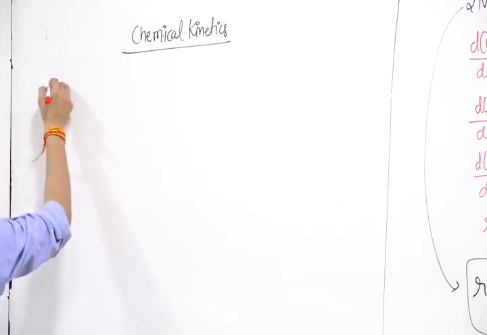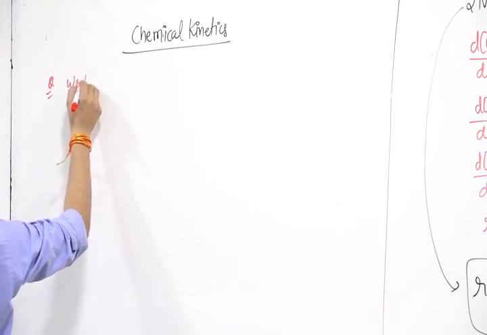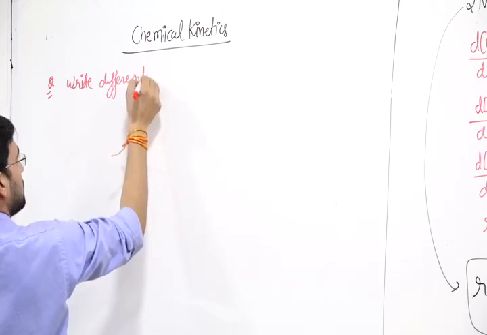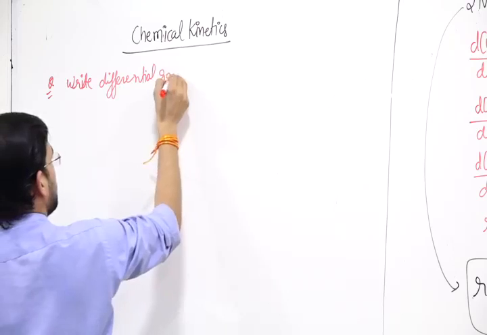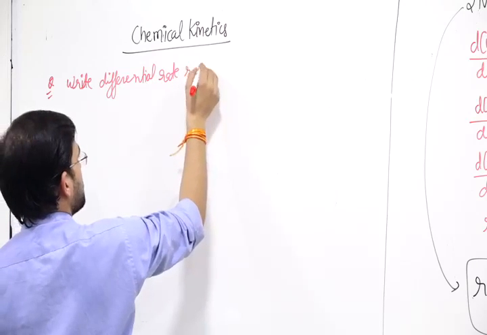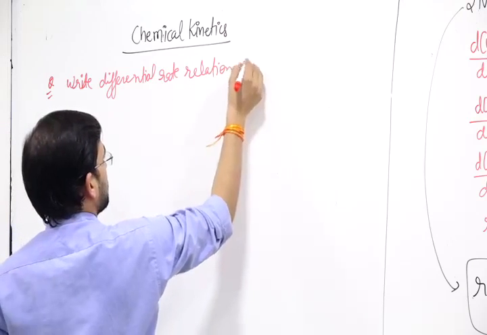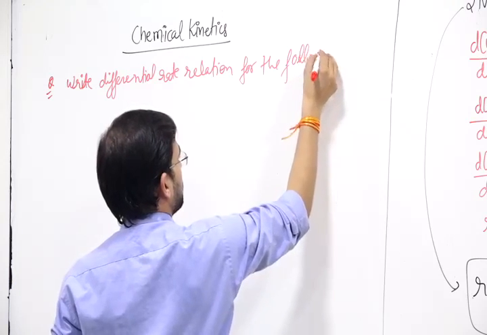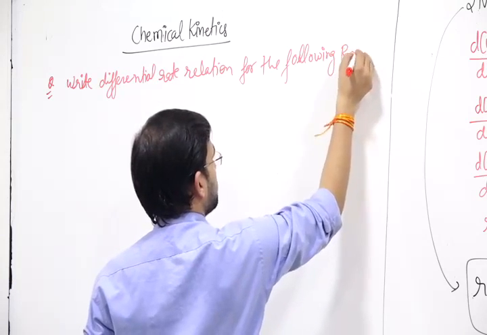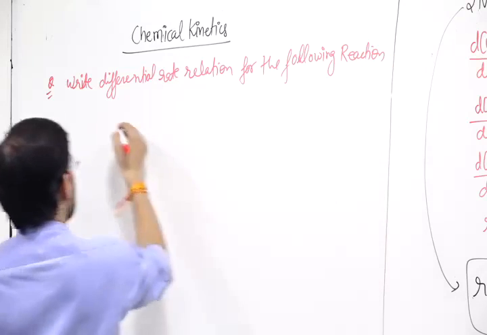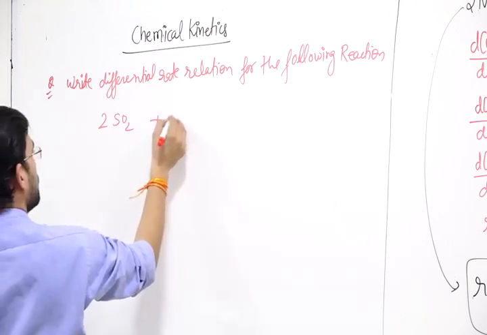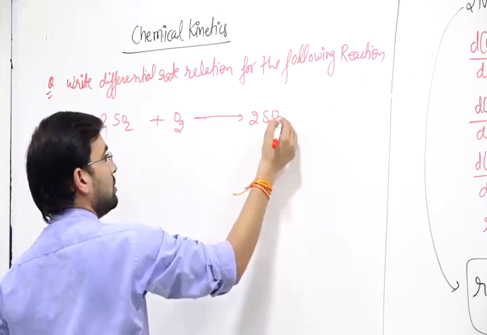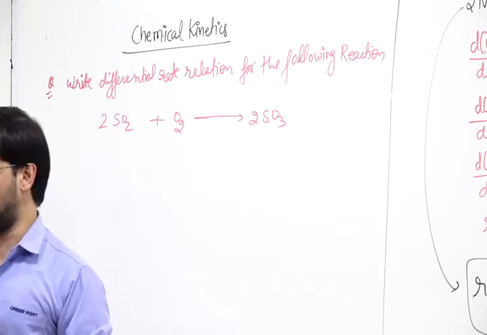So, question here. Write the differential rate relation for the following reaction: 2SO2 plus O2 gives rise to 2SO3. Do this question.